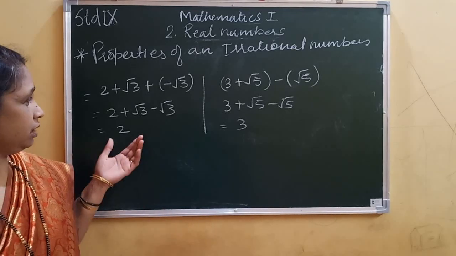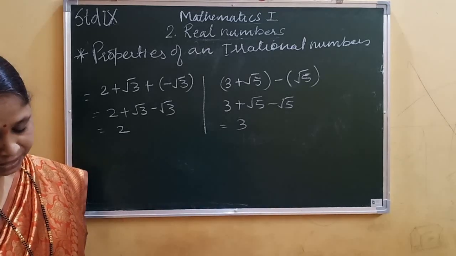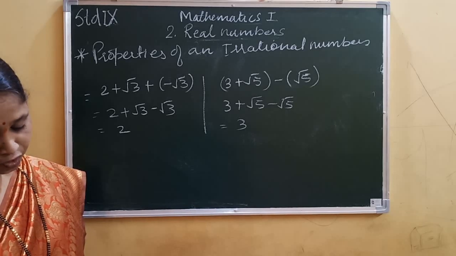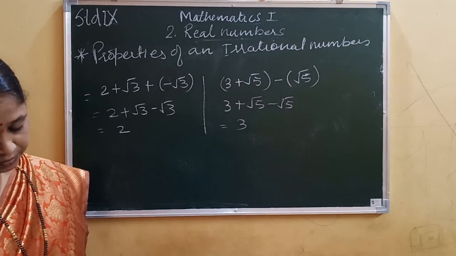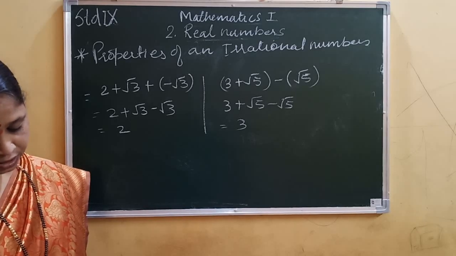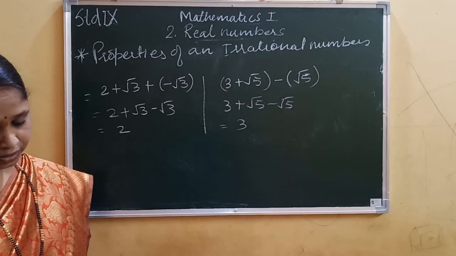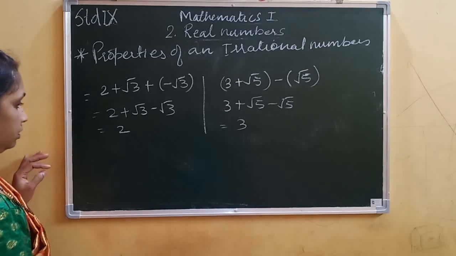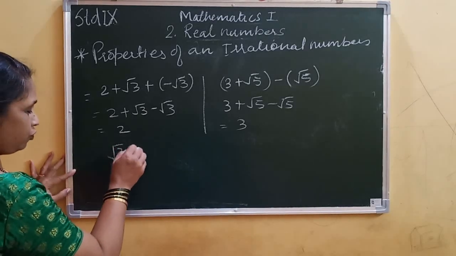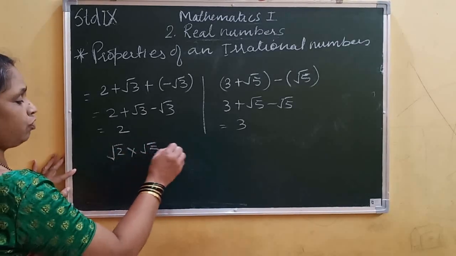Now here next what it is given, multiplication or division of non-zero rational number with irrational number is also an irrational number. Now see, suppose multiplication of root 2 into root 5 means what?